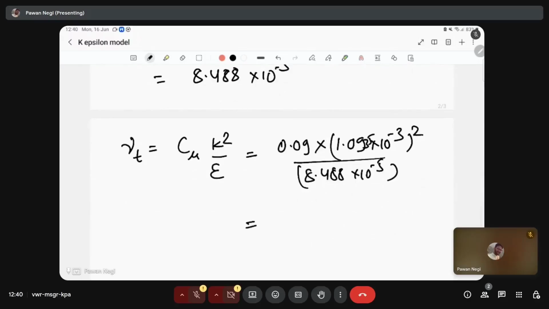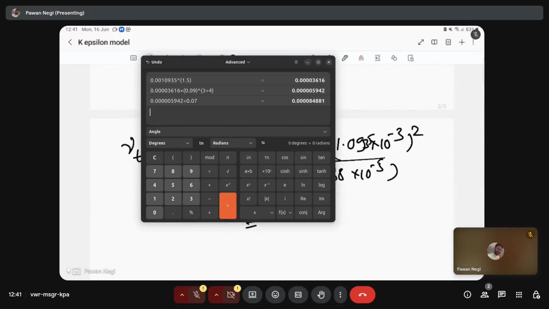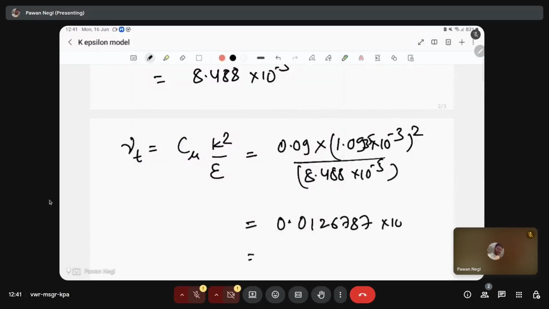We'll get 0.09 times 1.0935 whole squared divided by 8.488. This times the 0.1 factor gives 0.001267. We'll save these numbers for the simulation.